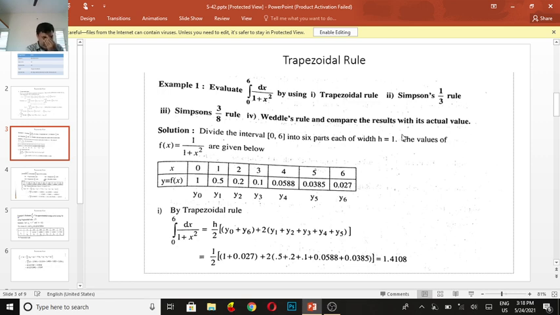For n equal to 1 we get the trapezoidal rule, n equal to 2 we get Simpson's 1/3 rule, n equal to 3 we get the 3/8 rule, and taking n equal to 6 we get Weddle's rule.